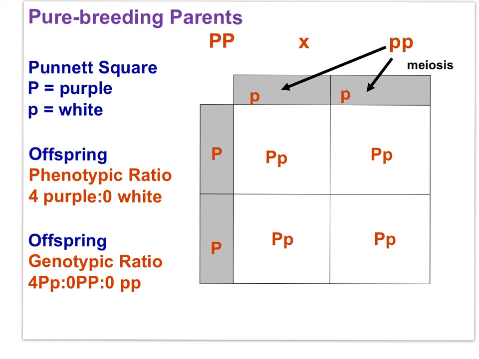As a result of noting that all the F1s had a purple flower phenotype, Mendel was able to deduce that the allele for purple flower was dominant to the allele for white flower. Capital and lowercase symbols are used to denote dominant and recessive, respectively.